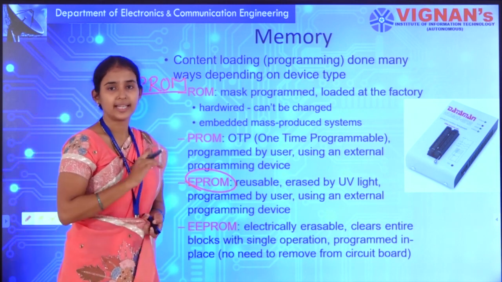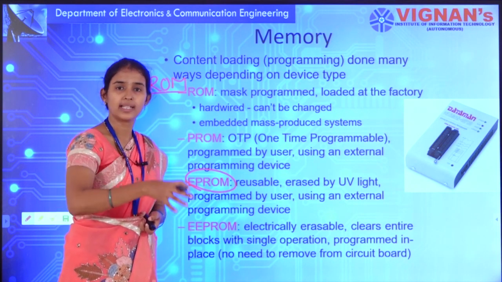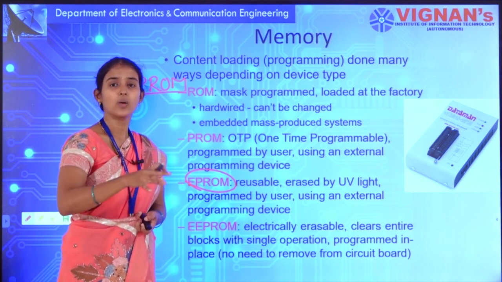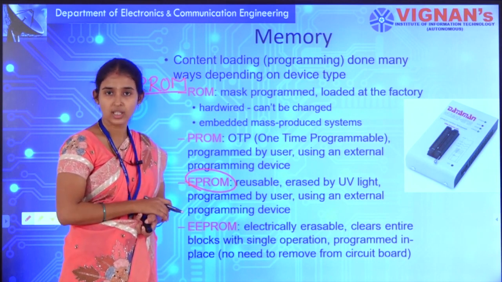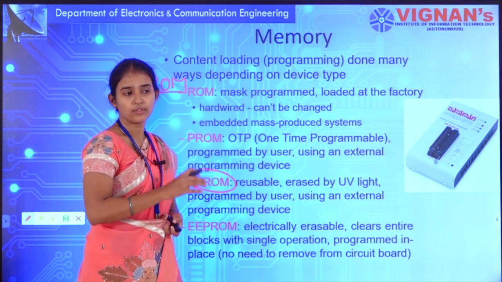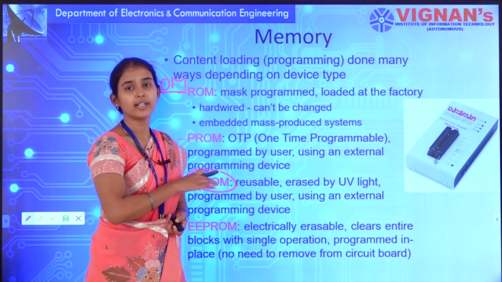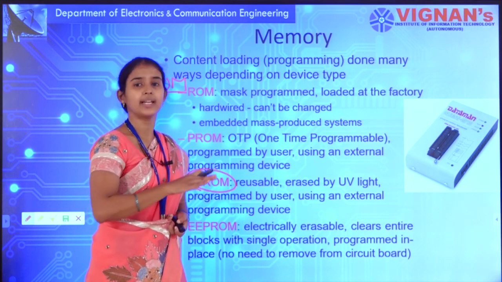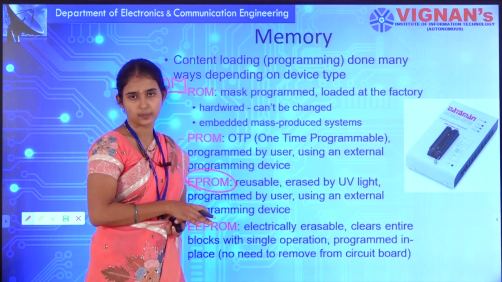If you want to erase the data, you expose it to ultraviolet light, so that the ultraviolet light erases all the data present in it. That means all the data will be erased at a stretch. If we want only some data to be erased, it cannot be done. Whatever data was there, all of it will be erased, and you can reprogram it once again.